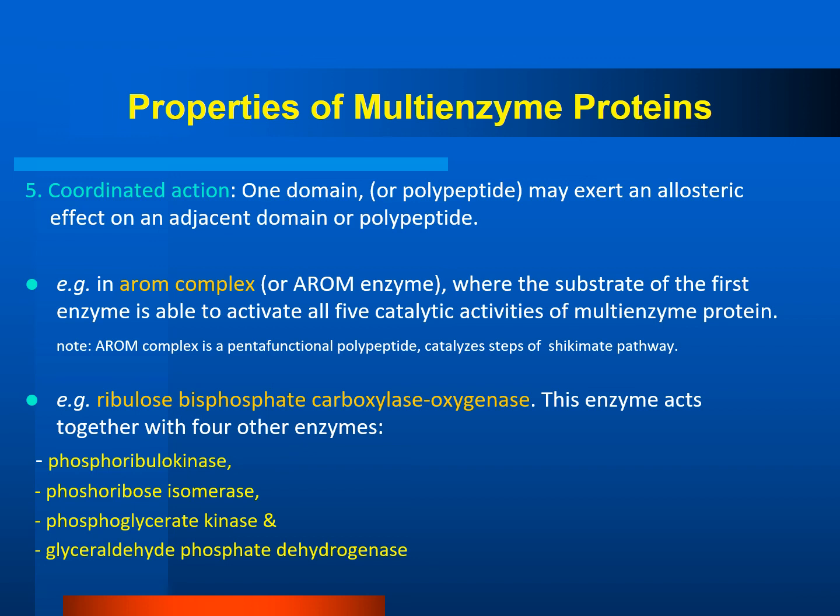So this enzyme acts in coordination with 4 other enzymes to catalyze 5 consecutive reactions of the Calvin-Benson cycle. This is another very important feature of multi-enzyme proteins. Since the enzymatic machinery has more than one participant, E1, E2, E3, E4, E5, it is always beneficial to work in a coordinated manner.